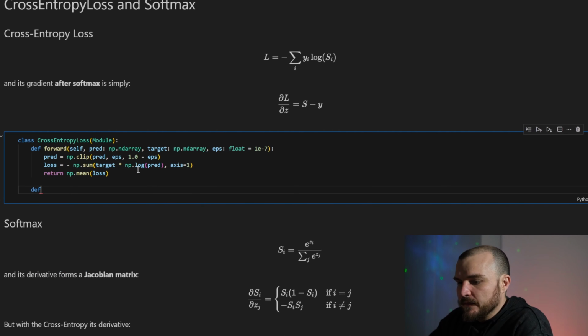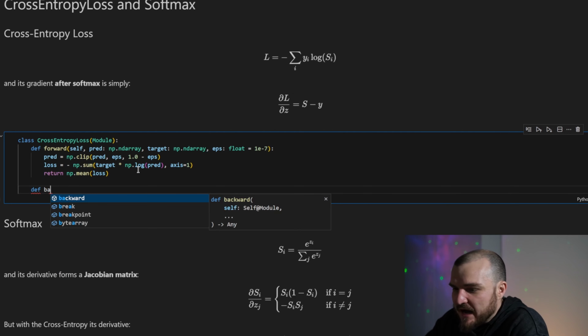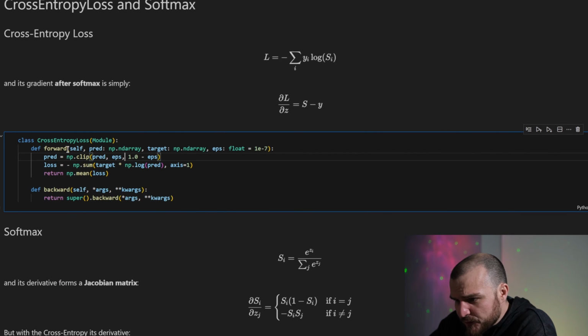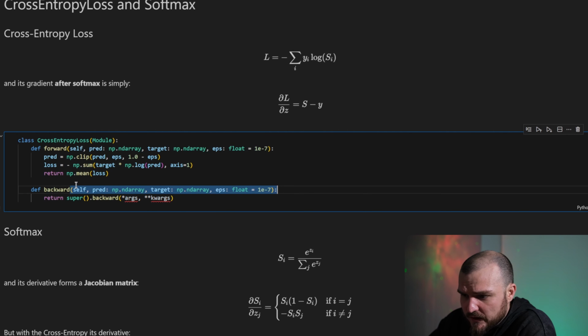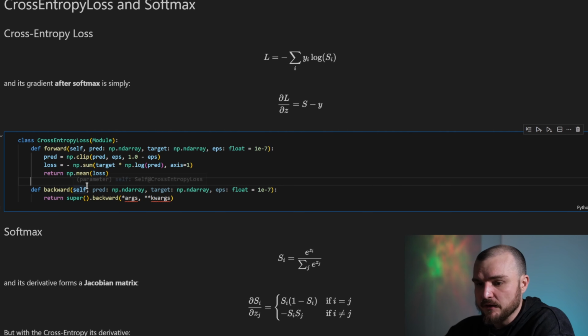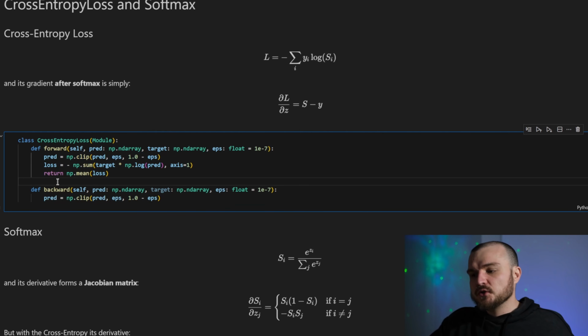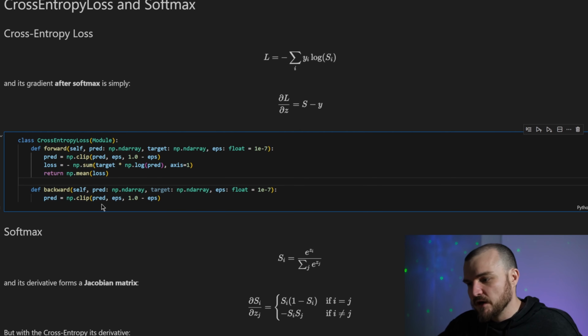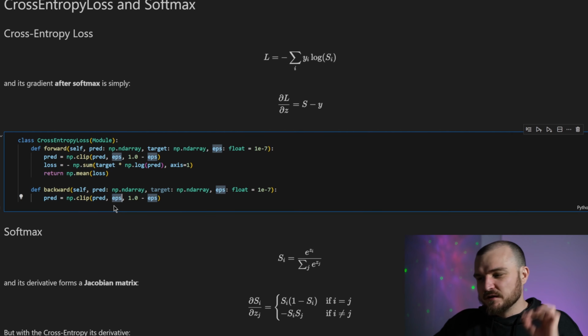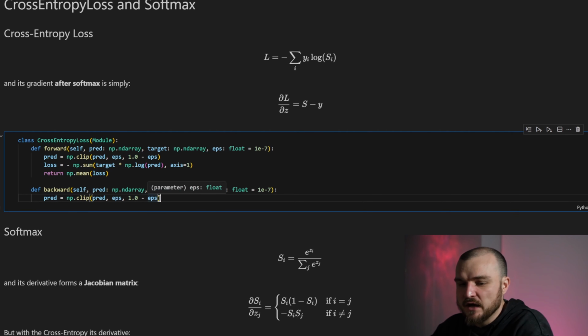Okay, good. Now we need to define the backward method. I think backward should contain the same arguments as our forward method. In the same way, let's use clip for our predictions to restrict them to a range between this very tiny value epsilon and 1 minus epsilon.